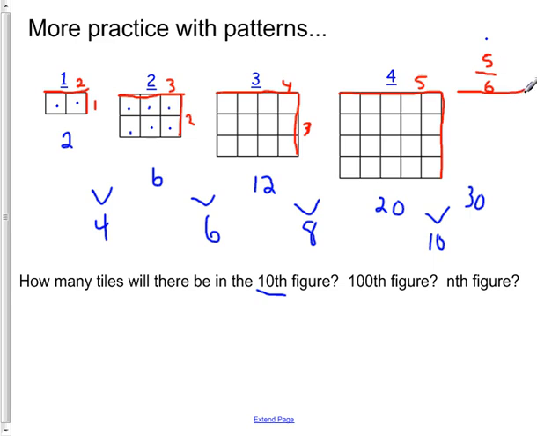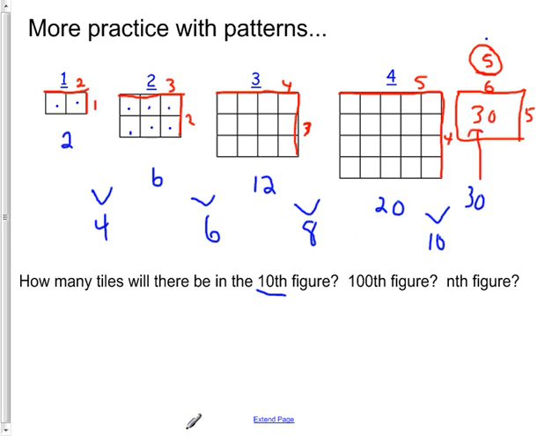And then how tall it is is going to be 5, because it's going to be the same as whatever number term it is. So on the fourth one it was 4 tall, on the third one it's 3 tall, on the second one it's 2 tall, on the first one it's 1 tall. So on the fifth one it's going to be 5 tall. And that is 30, and that's what we said we should expect.